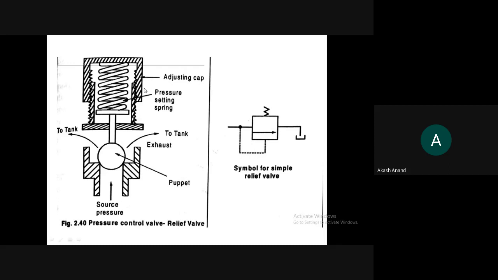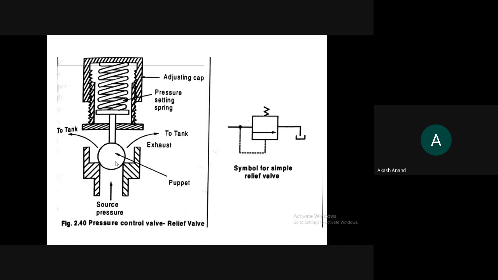If the adjusting cap is turned out and the compression in the spring is very less, then the only issue will be the weight of this poppet, so that a small magnitude of pressure can lift this poppet. So by adjusting this cap arrangement, we can actually control the movement of the poppet.